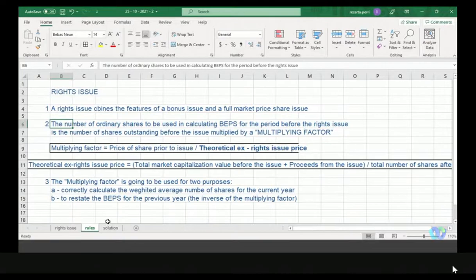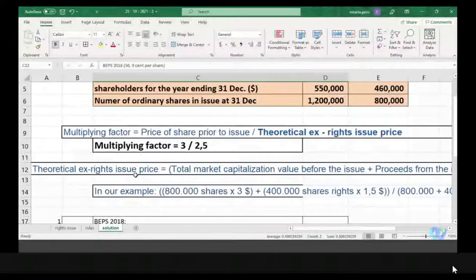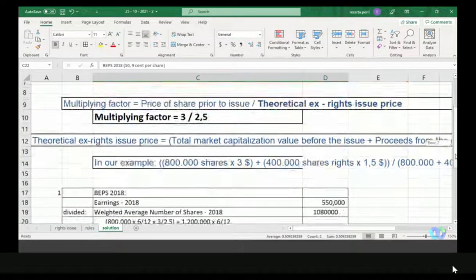Let's apply them to our case. In our case, the theoretical ex-rights issue price we calculated, and we found out it was 2.5. The multiplying factor is the share price before the rights issue, $3, to the theoretical price, 2.5. Okay, we have this.